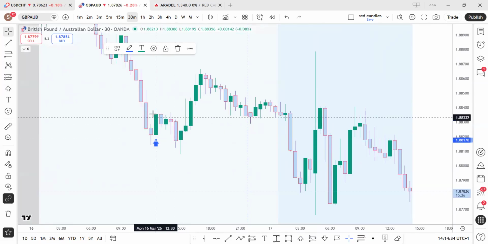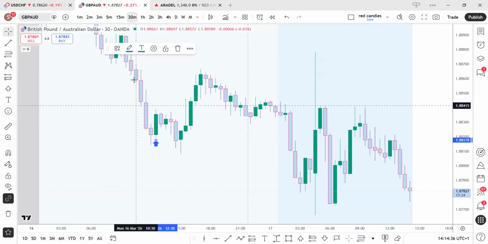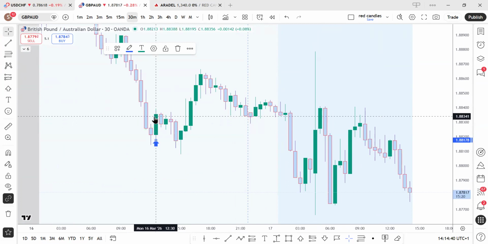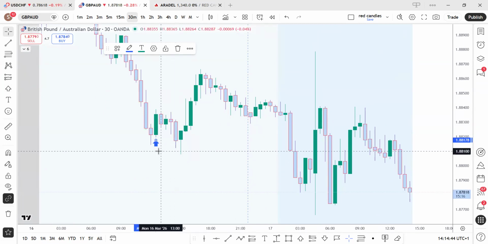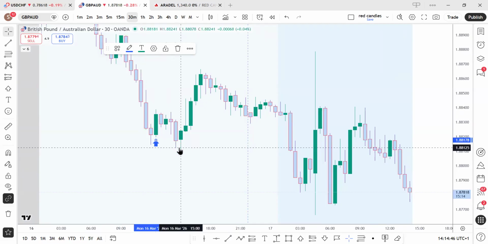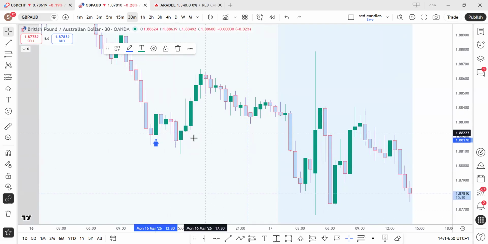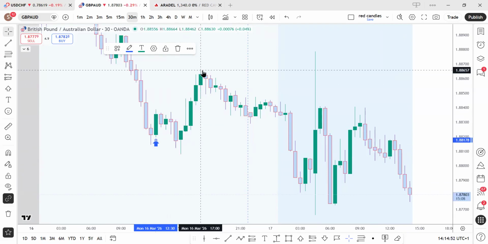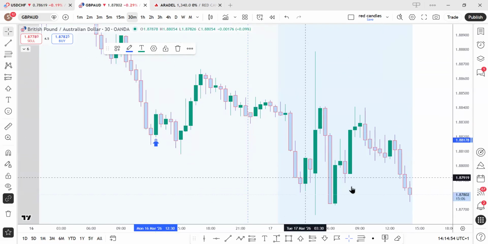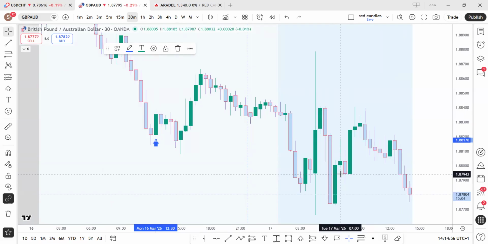Definitely a valid setup. You can see price was rushing down, and then it decided to give you an engulfing candle right here. What happened next? Price came back down and potentially stopped you out. It did go up a bit, but eventually overnight it came out and stopped you out.